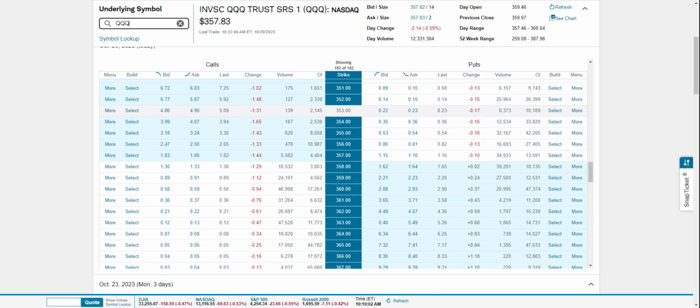Let's say it goes down to 353. You have the right to sell it at 356, which means you have the right to sell it for more than the general public, because you have the legal right to do so because you bought the option to do so, only for a selected amount of time. So we'll review this more and more over time.